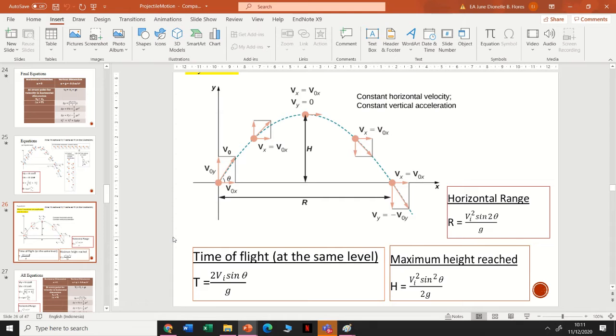If you're not familiar that sine squared theta should be encoded as sine theta, all of them raised to 2, it would be hard for you to use this one, because if you input sine squared theta on your calculator, it would give you a syntax error. So you would have to remember that to input this on your calculator, it should be parenthesis, sine theta, close parenthesis, raised to 2, all of them enclosed and raised to 2. That's the idea of sine squared theta.